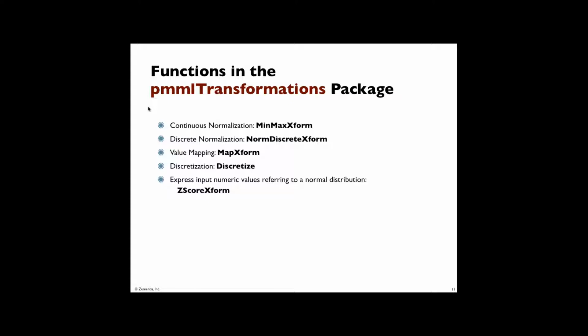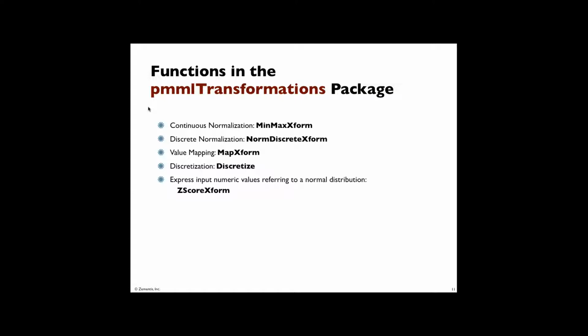Norm-discrete transform is what I referred to as dummification earlier. It's basically taking a string variable, let's say, and representing it in terms of 0 and 1, numeric ones. And I will explain in a little more detail later.